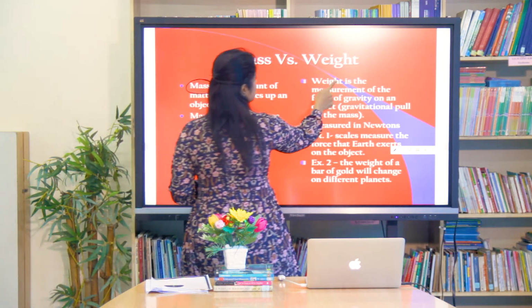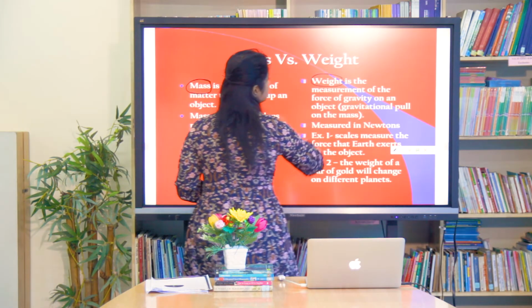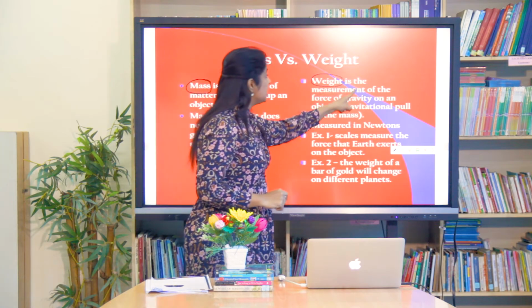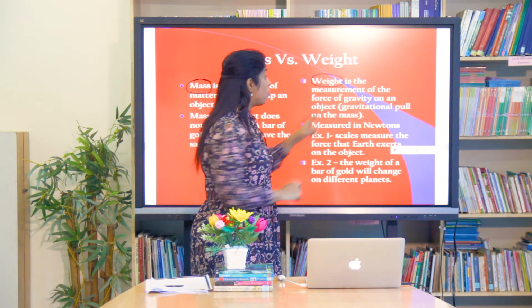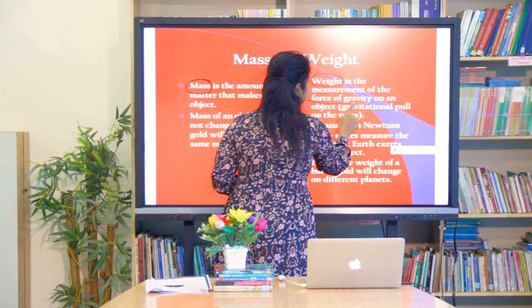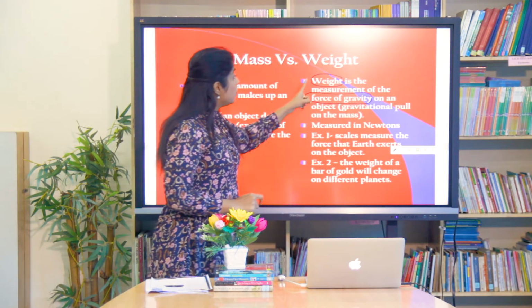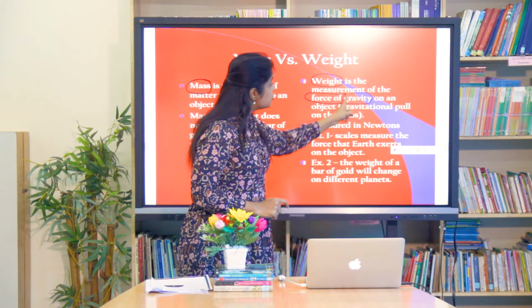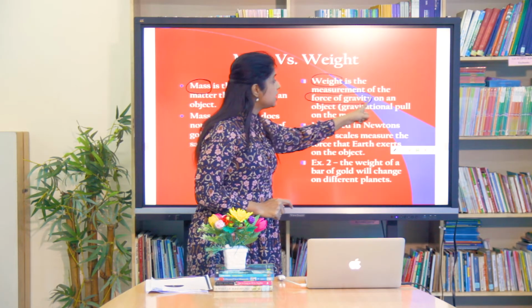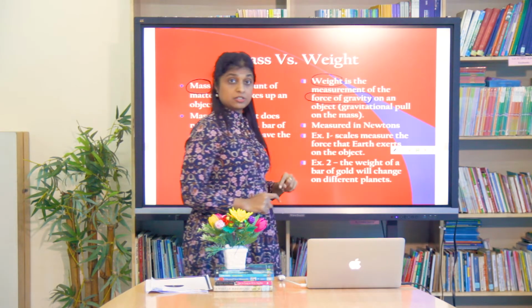And what is weight? Weight is the measurement of the force of gravity. Very important. Weight is the measurement of the force of gravity on an object.